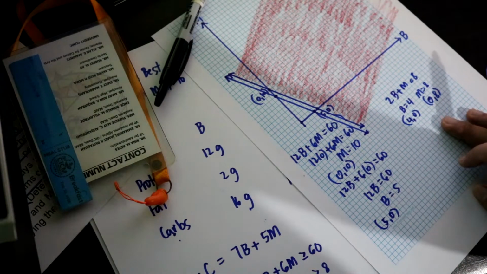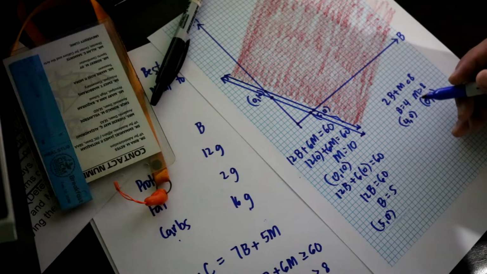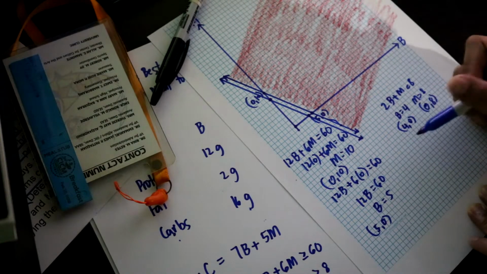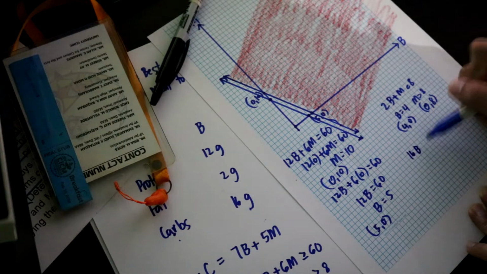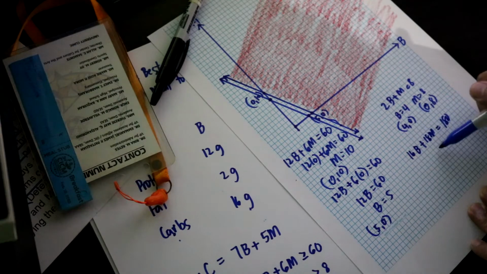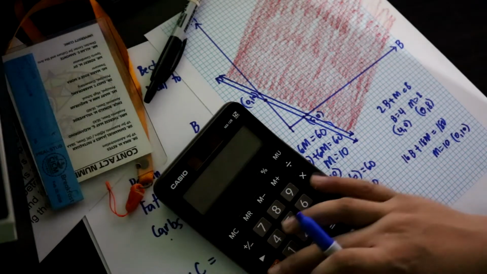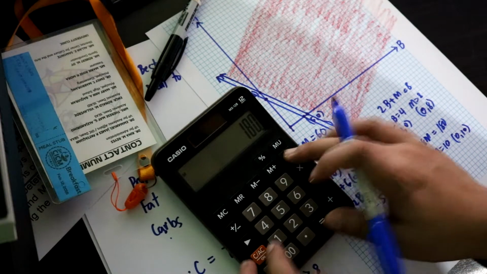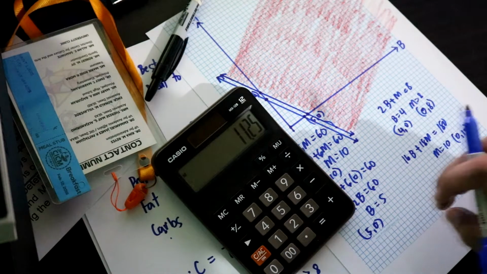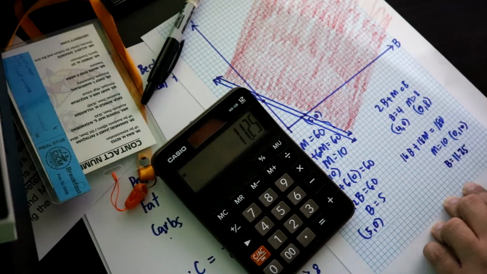Let's now proceed to the last constraint. 16b plus 18m is equal to 180. If b is 0, then m would be 10. And therefore, we have 0, 10. 180 divided by 16 is 11.25. So, b would be 11.25 if m is 0.